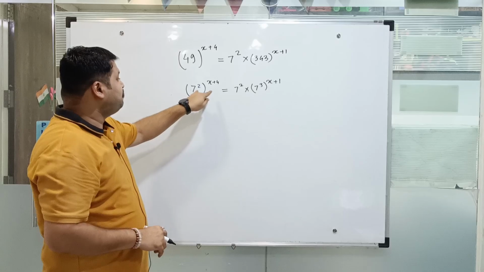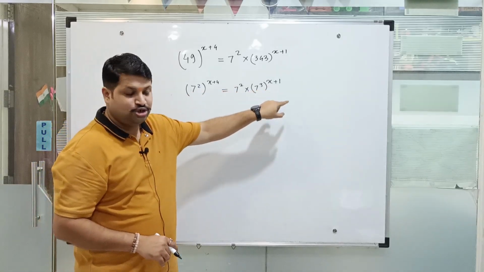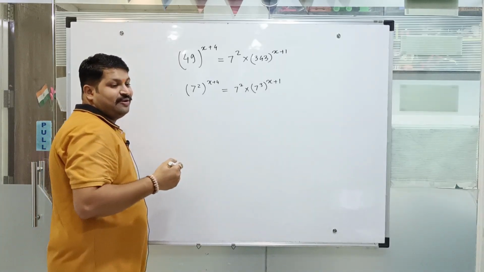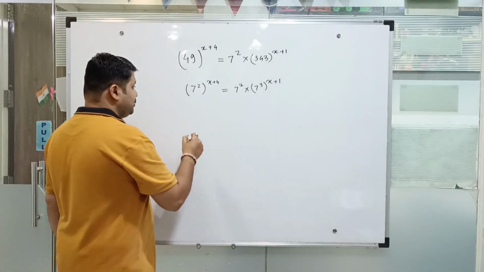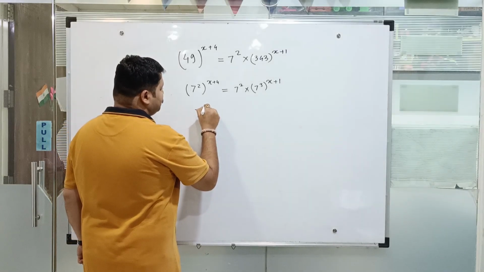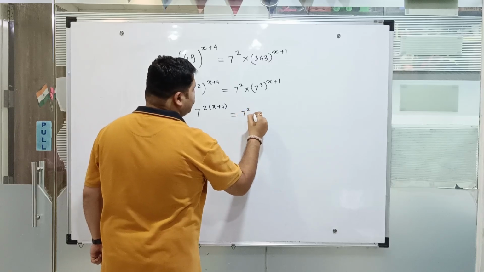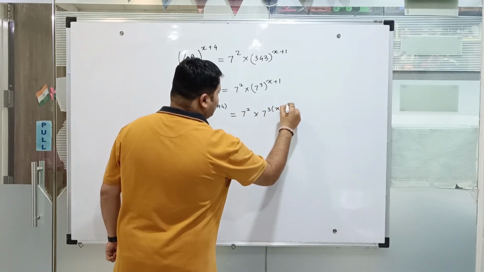So we'll use the power rule to simplify these two parts. The power rule tells us that a to the power of m to the power of n would be equal to a to the power of m multiplied by n. So I can write it as 7 to the power of 2 times x plus 4 is equal to 7 square multiplied by 7 to the power of 3 times x plus 1.